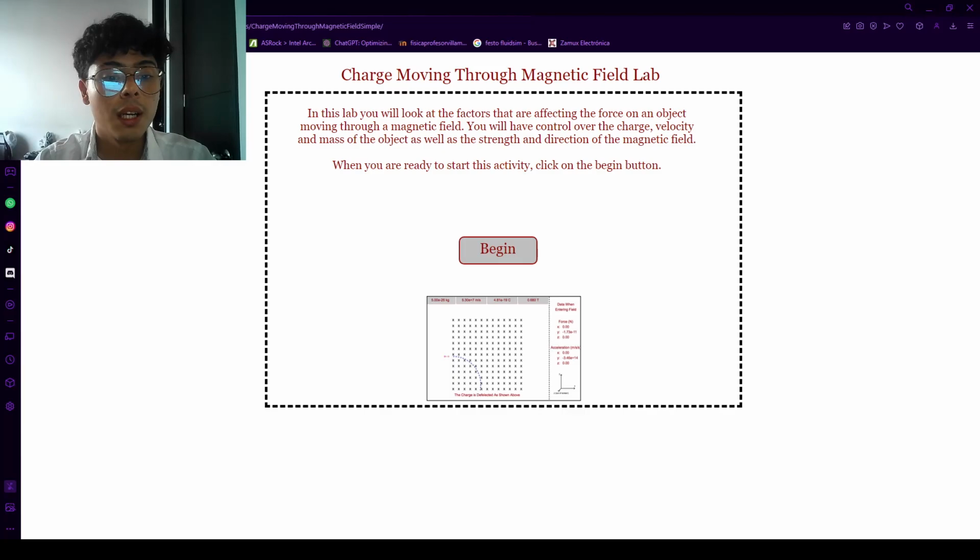The unit of measurement is Newton per coulomb, represented by N for newtons and C for coulombs.